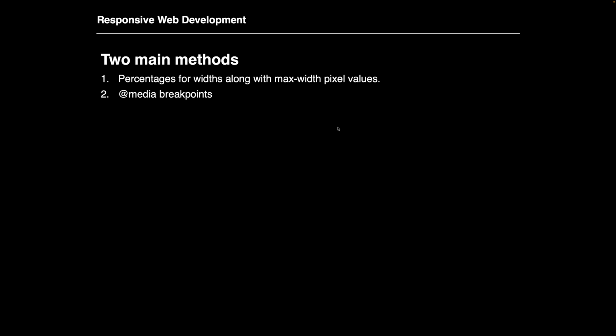So if you don't want it to go beyond 1,000 pixels wide, if you're opening your window up really wide or viewing it on a very large screen, then you could say, okay, I want the width to be 100%, but I want the max width to be 1,000 pixels. So it'll never go over 1,000 pixels wide. But if it scales down below 1,000 pixels, then it'll be the width of the browser window, essentially.